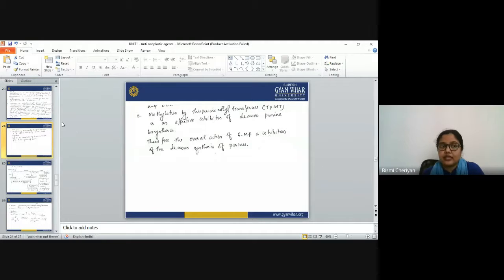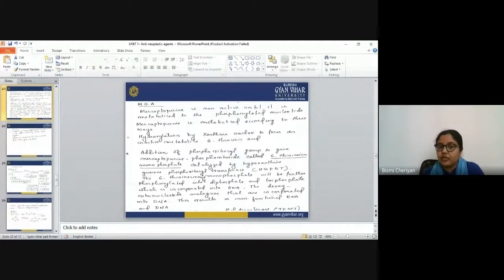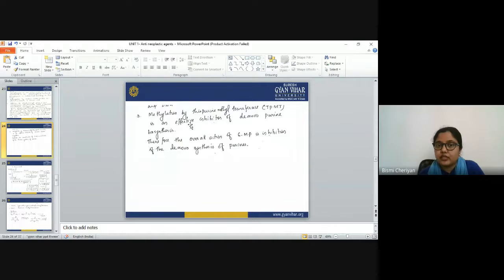Methylation is the second way of the metabolism of 6-mercaptopurine. And third is methylation by TPMT, thiopurine methyltransferase. Thiopurine methyltransferase is the TPMT. This is an effective inhibitor of de novo purine biosynthesis.